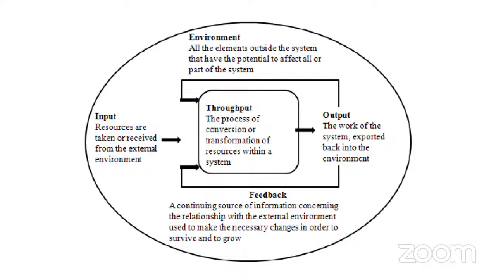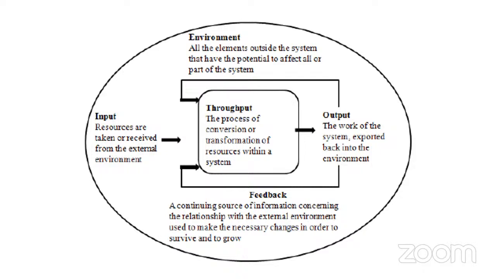And what does the organization do with these inputs? The organization processes these inputs, right? So the process of conversion or the process of transformation of these resources happens within an organization, and that is known as throughput. And what is the outcome of this conversion process?